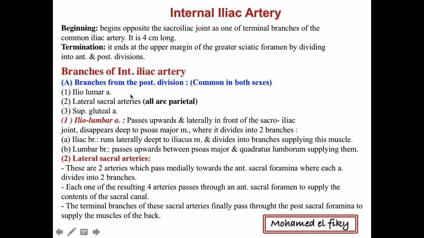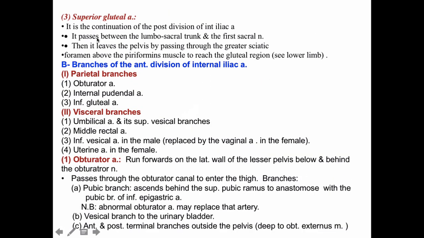Branches of the internal iliac from the posterior division: three branches, iliolumbar, lateral sacral, and superior gluteal.